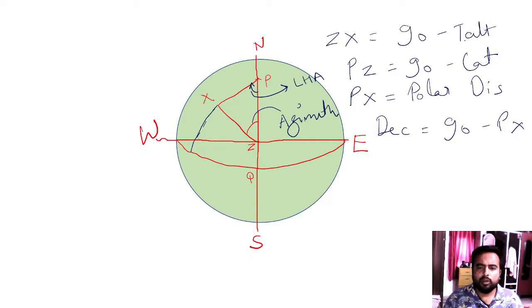In a question, normally they will give you the latitude or the azimuth, and they can ask you to calculate the declination. Or they can give you the amplitude as well, like when the body is setting or rising.